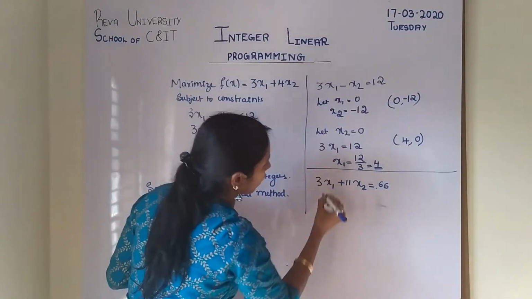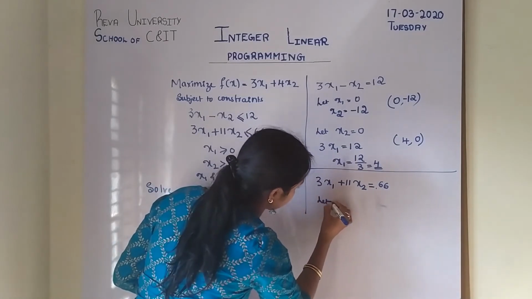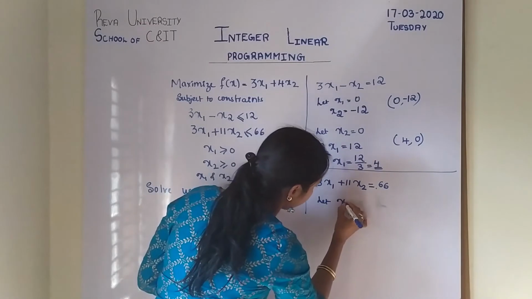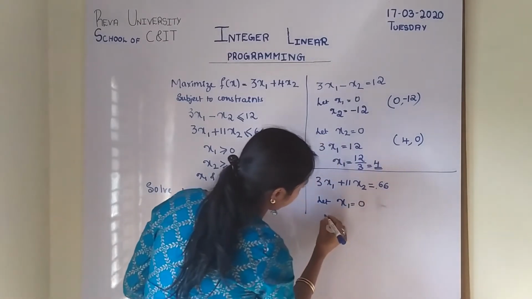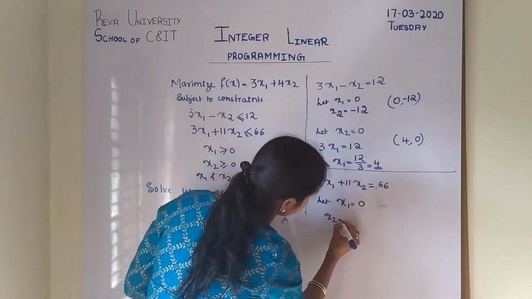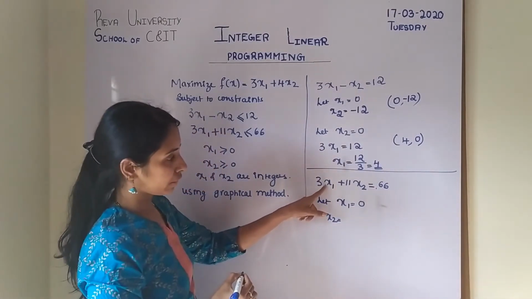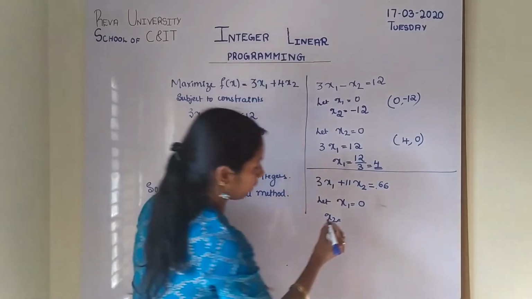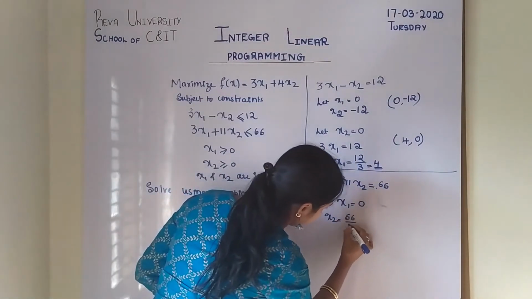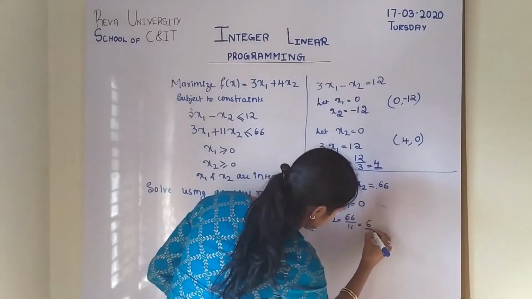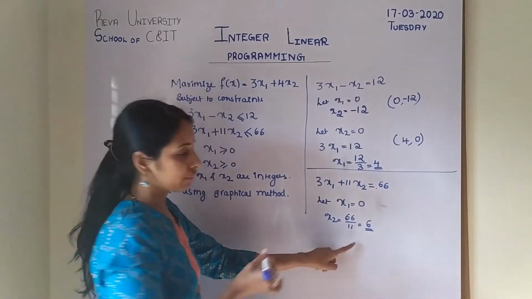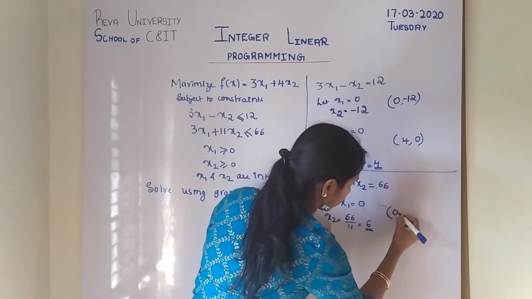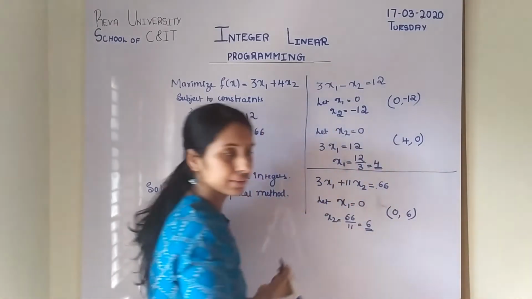Similar to how we did the first constraint, let x1 be equal to 0. Then x2 will be 66 divided by 11, which gives you 6. So one point is x1 is 0, x2 is 6.